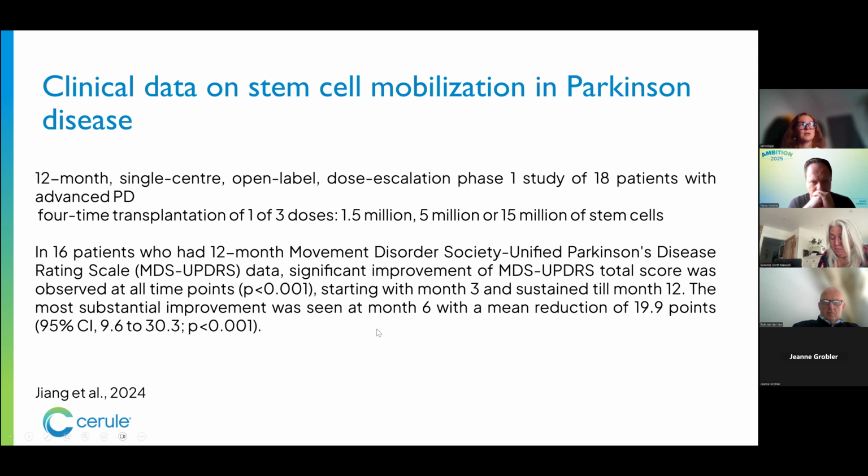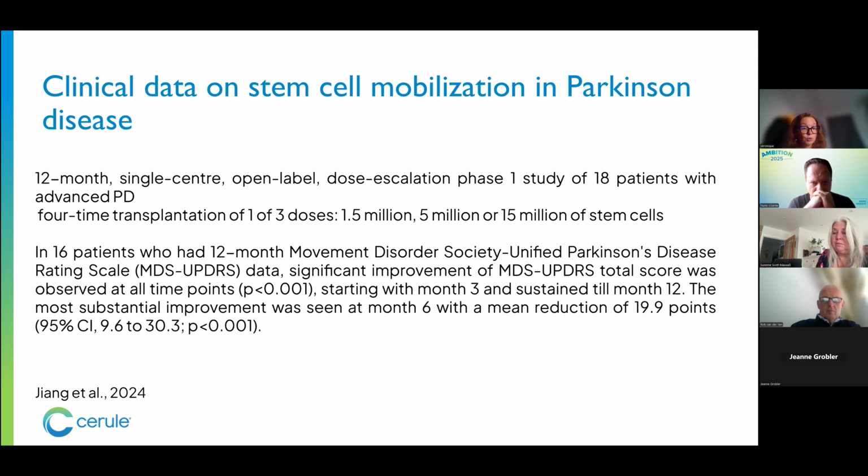There is a second clinical study on 18 patients with advanced Parkinson's disease, with 4 transplantations and 3 doses: 1.5 million stem cells, 5 million stem cells, or 15 million stem cells. In 16 patients out of 18, we have a significant improvement in the Unified Parkinson Disease Rating Scale.